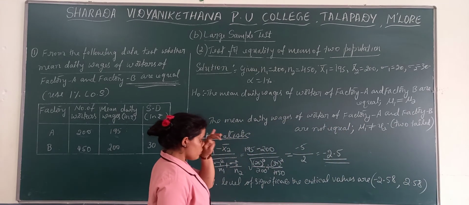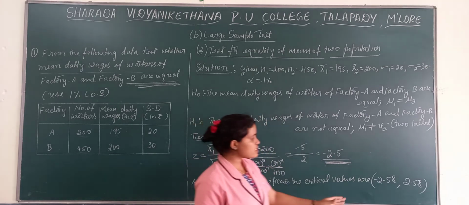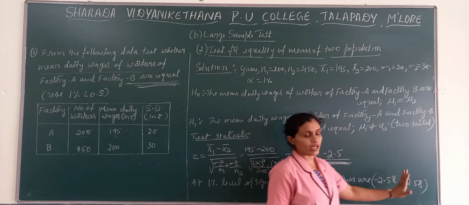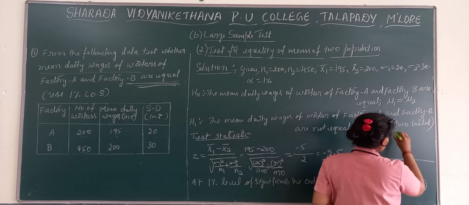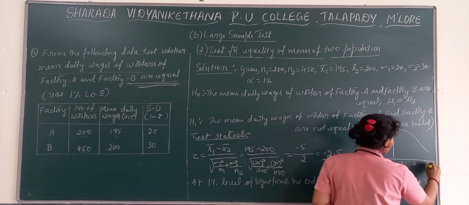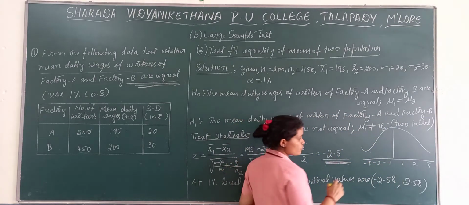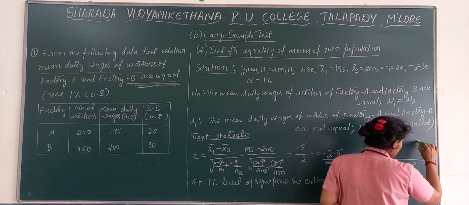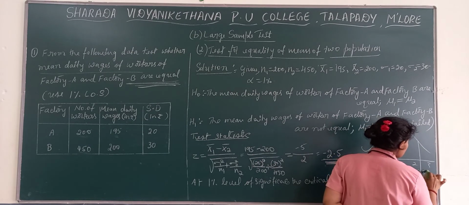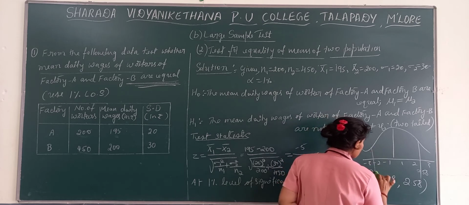Now we need to check whether this calculated value lies in between these two values. If you see the graph, here minus 1, 2, 3 and minus 1, minus 2, minus 3. Positive 2.58 will fall here, and negative 2.58 will fall here.